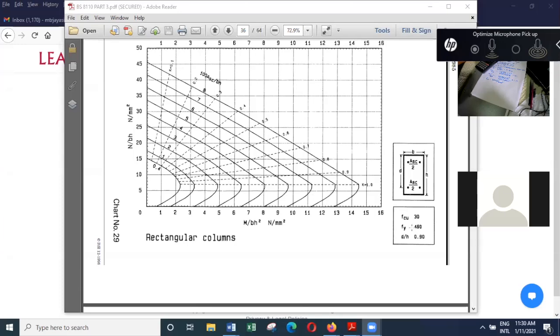D over H ratio is 0.916, so I'll use the 0.9 chart. And then this value is 15, and M over BH squared ratio is 1.11, so somewhere here. And you can see we need about 1% reinforcement. So 100 As over BH is 1%. Stop share, then you can see the sheet.